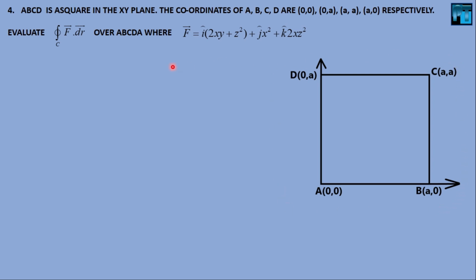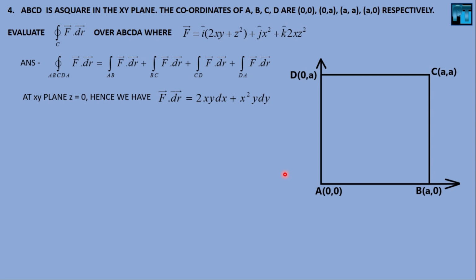Now F is given and we have to evaluate the closed line integral over C of F dot dr. So this closed line integral is described as the square A, B, C, D, A. It can be divided into 4 open line integrals like AB, BC, CD and DA, and we have to evaluate the 4 different line integrals to get the total closed line integral.